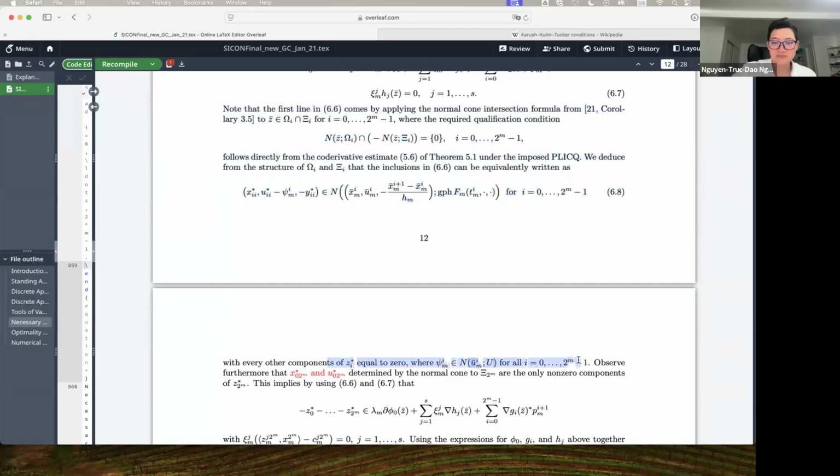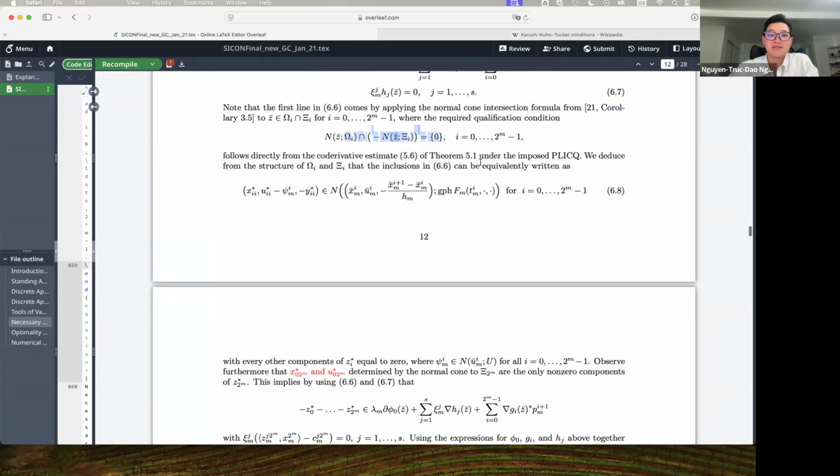Today I want to skip this one for now, so please just understand how we got this one, and then in the next meeting I'm going to explain how to verify the qualification conditions. It is very important because the qualification condition is the assumption in this corollary, so if you want to use this corollary, you have to prove the assumptions.